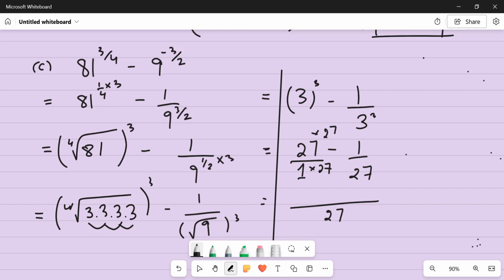So just multiply and tell me what would be the answer for this one. So 27 into 27 is 729, minus 1. So 728 over 27. Okay, this is the answer.